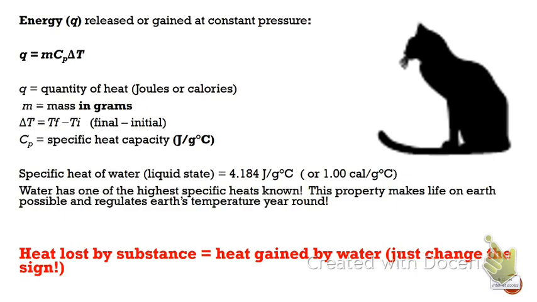And then that amount of heat, or joules, is going to be equal to the other one. So if the temperature increased, meaning it absorbed, then the heat gained by the water is positive, but the heat lost by the substance would be negative. So you just have to change the sign, but it's the same magnitude, just a different sign. All right, so now let's work some problems.